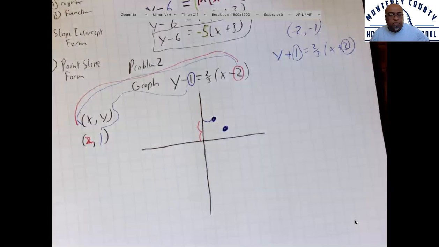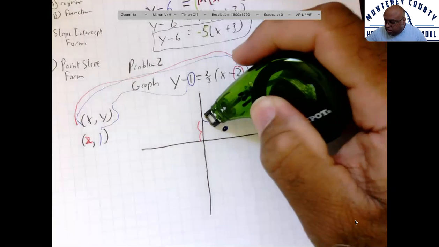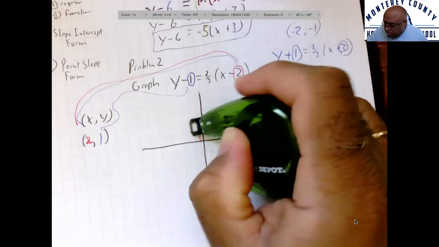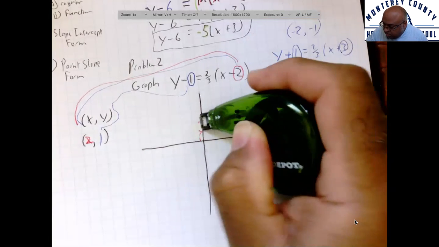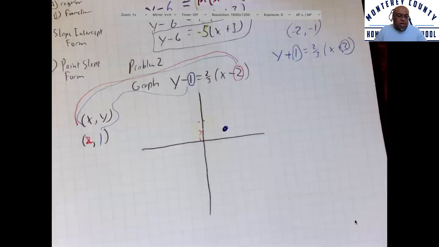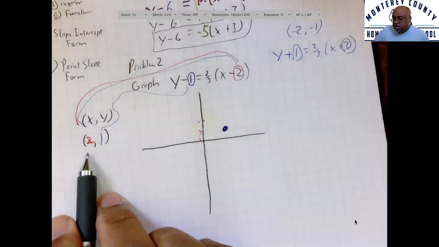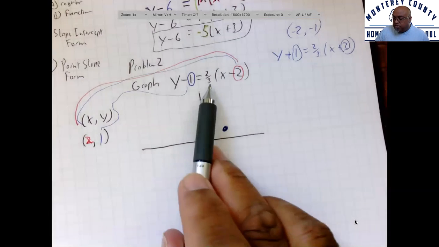So since I got something wrong, this is a good lesson to show how easy it is, and I'm the teacher, sitting here on YouTube messing this up. So I'm going to go ahead and fix this. I was thinking of the point, but in reality, I jumped to doing slope.